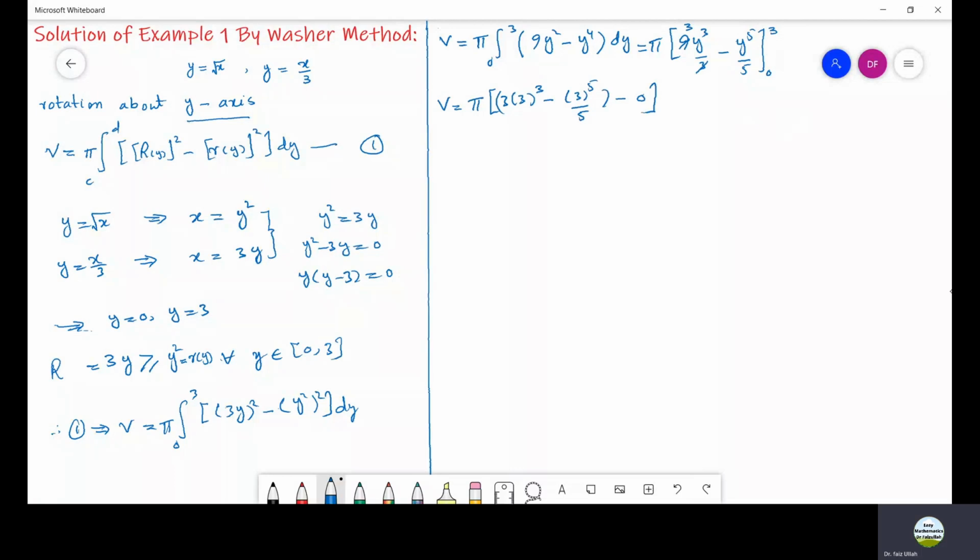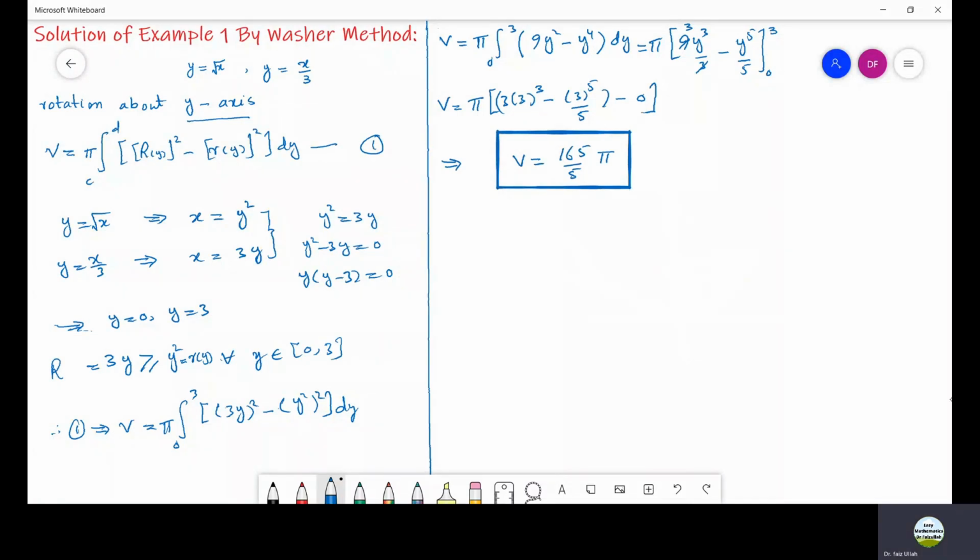If we further simplify this, we have the required solution, 165 divided by 5 π, which is the same solution as obtained by the shell method.